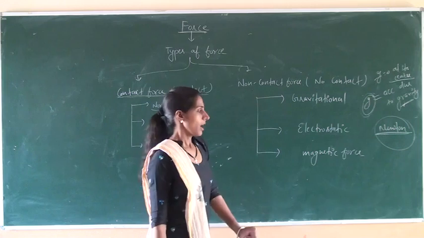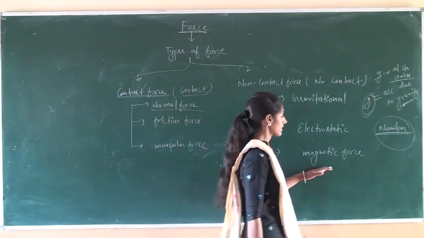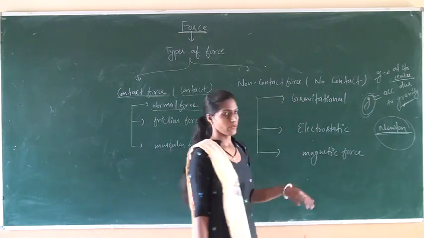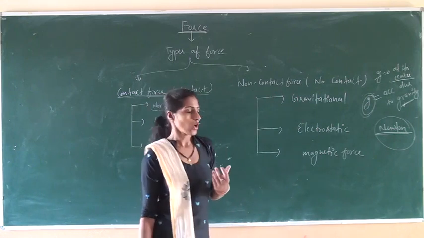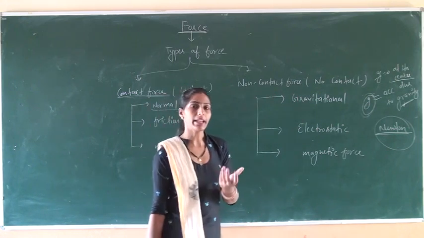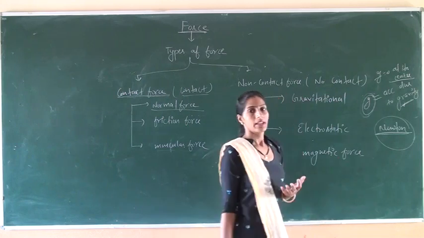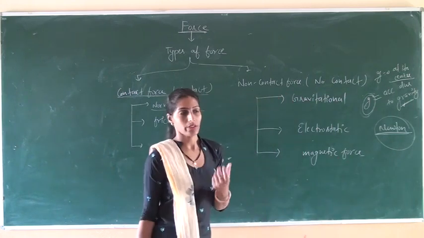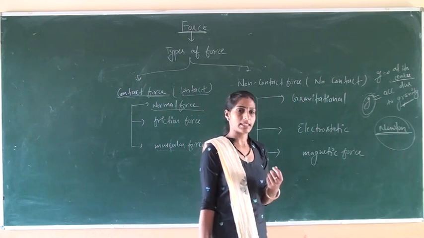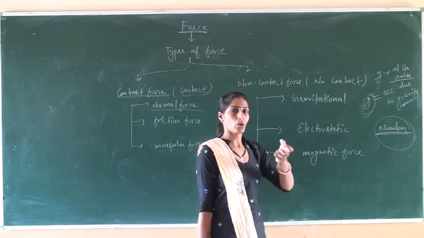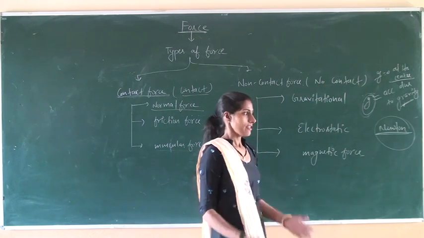Okay students, understand? After that, the third one is the magnetic force. You will also see many magnets, such as in our refrigerator door, where there is a magnet which attracts the door towards itself.